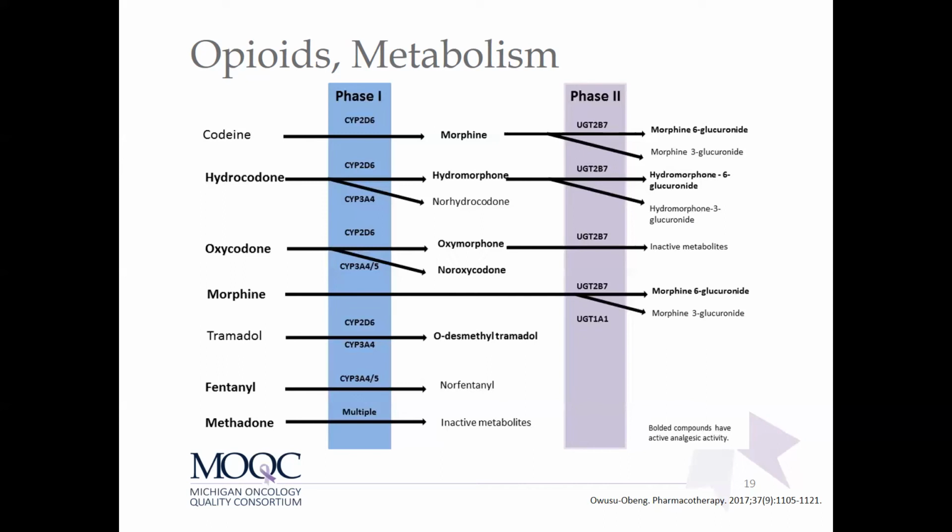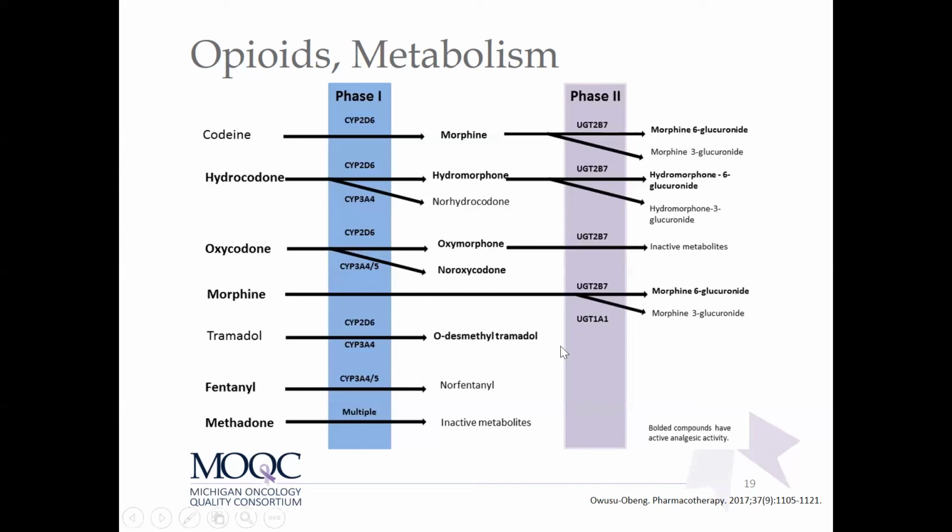Versus when we look at a drug like hydrocodone as an example, this is metabolized by CYP3A4 to norhydrocodone and CYP2D6 to hydromorphone. But the affinity of hydromorphone for mu receptors is at least 100 times greater than hydrocodone. Hydromorphone has better bioavailability than morphine and hydrocodone do.